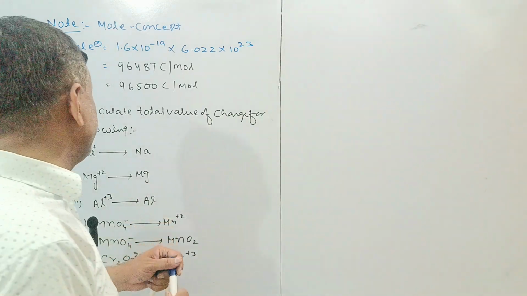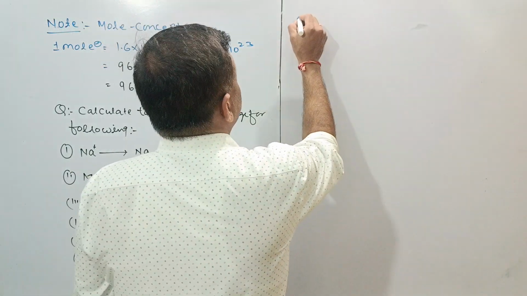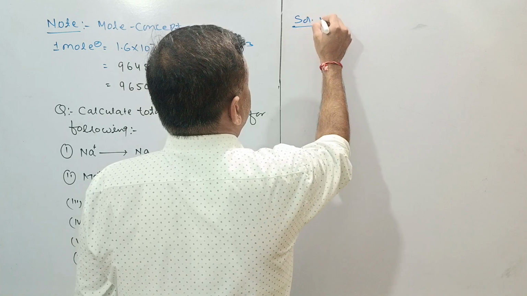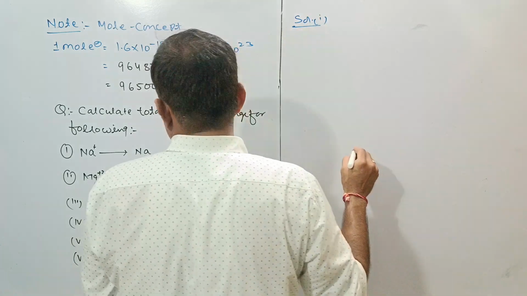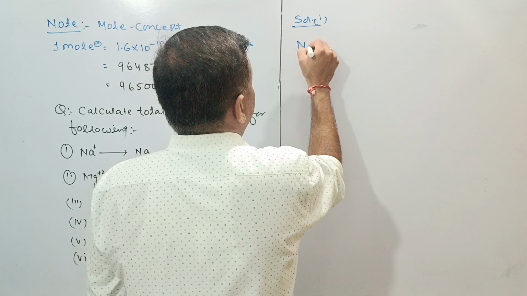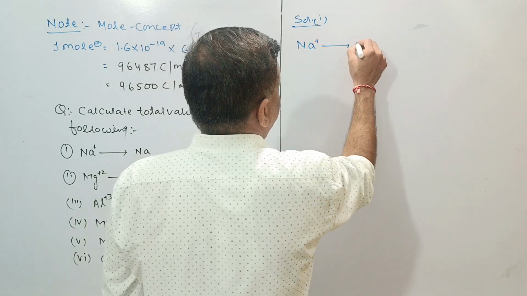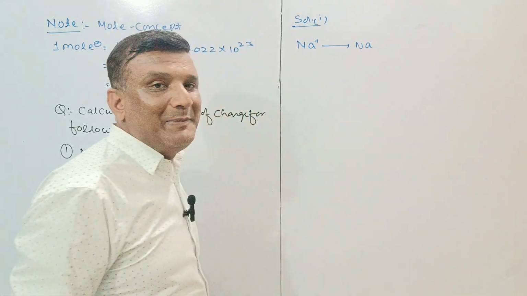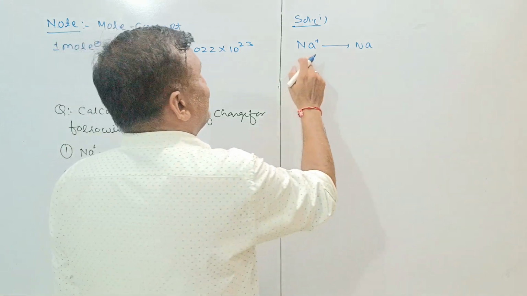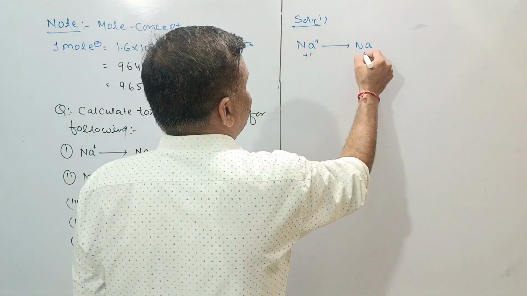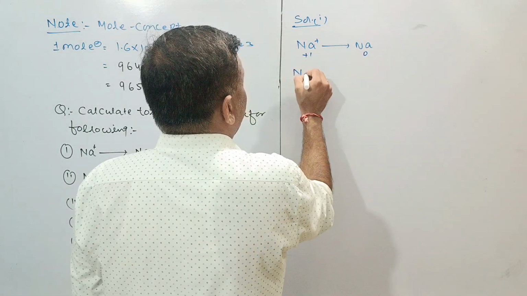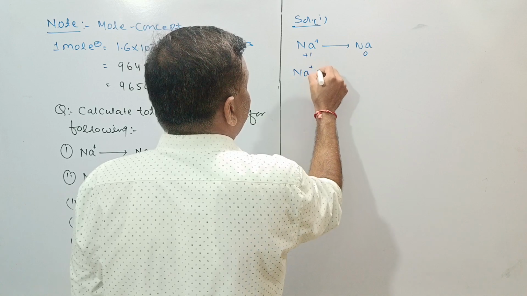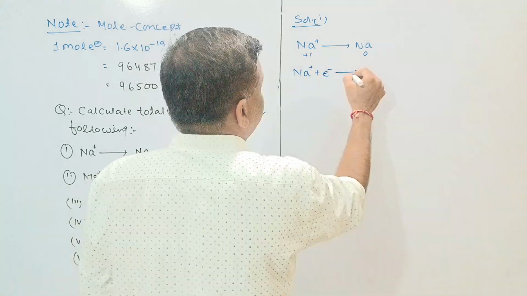If I go with the first question, this is solution first. Here is the reaction: Na plus changes to Na. When I balance the reaction, on the left side it is plus 1 charge, on the right side it is 0. So for balancing, we use 1 electron.